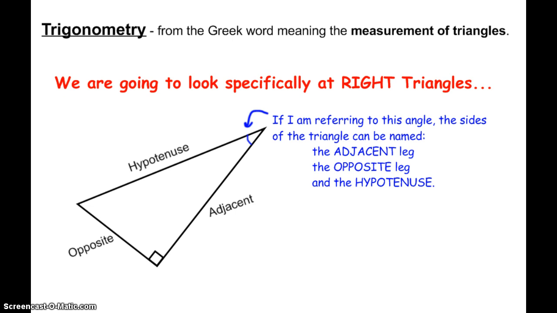So in every right triangle, pick an angle for reference, one of your non-right angles, and you can label the adjacent leg and the opposite leg. And the hypotenuse is always across from that right angle. These are labels that we are going to have to use to look at our basic trig functions. And that's what we're looking at today, our basic trigonometry trig functions.